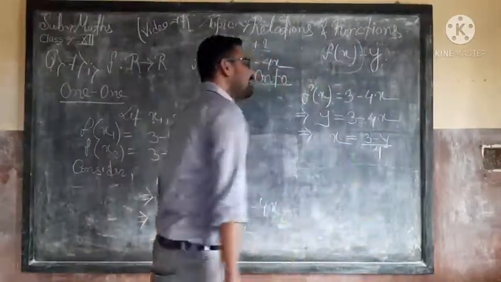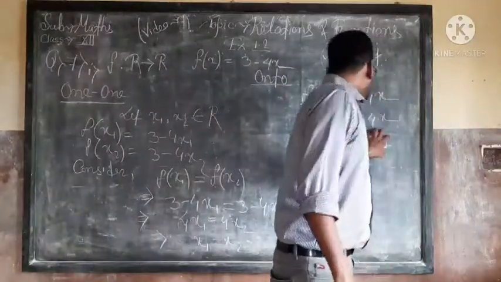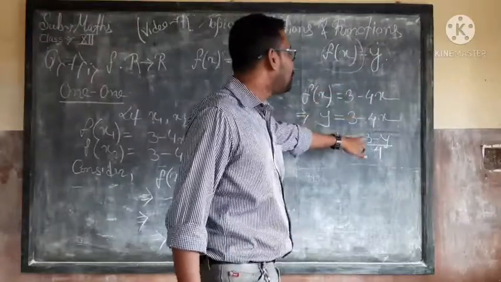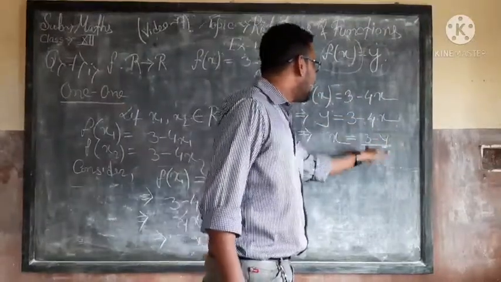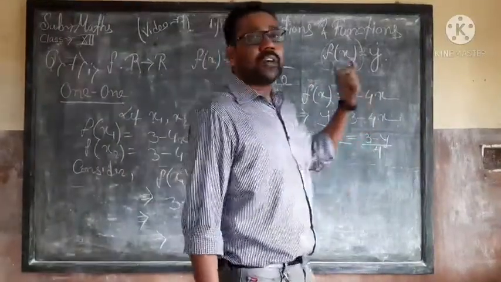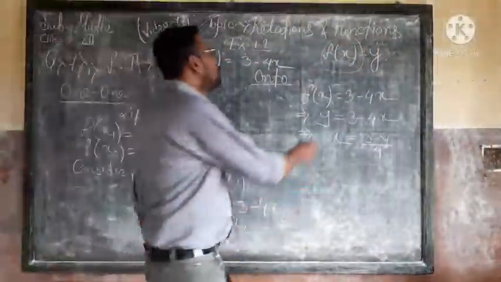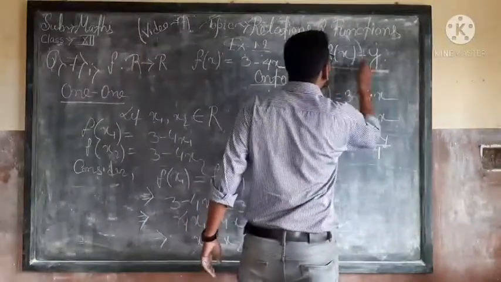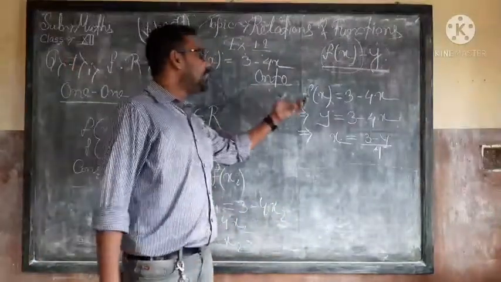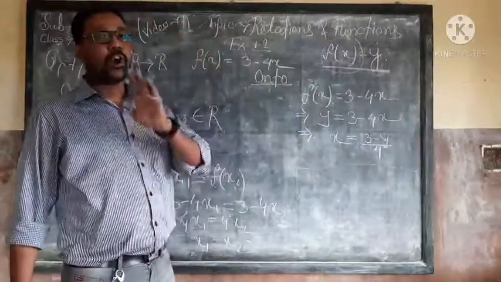Try to put this value in the function, and after simplification, if you get the final result equal to y, that means this function holds f(x) equal to y. So we conclude that this function also holds the onto criteria.